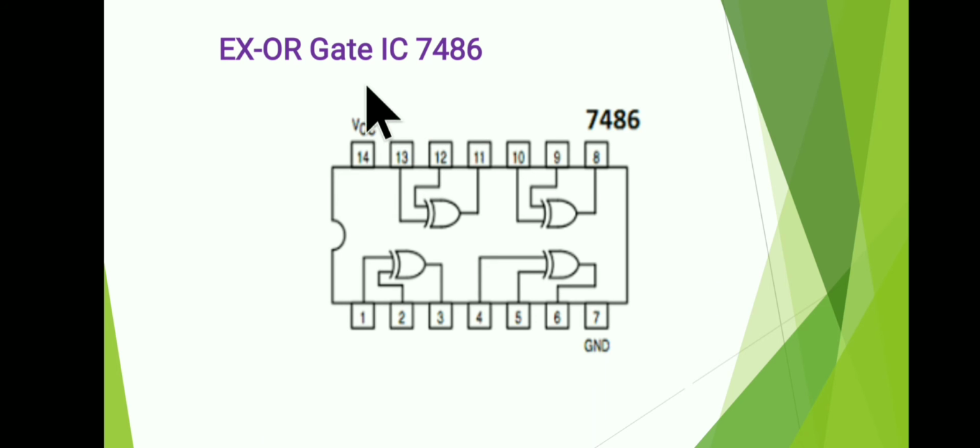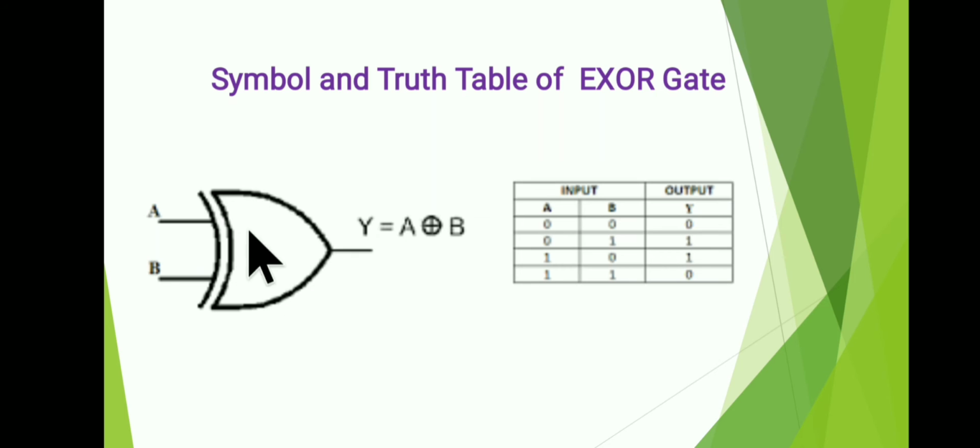7486 is used for XOR gate, called 2 input XOR gate. Symbol of XOR gate, and this is the truth table for XOR gate. For 2 input XOR gate, if any one input is high, output is high.